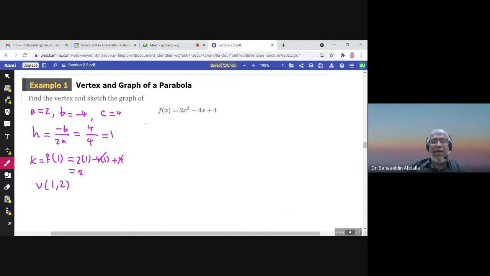And a is positive, 2 is greater than 0. So this parabola opens upwards. So to sketch the graph of this parabola, we plot the vertex (1, 2). This is the vertex, and then the parabola opens upwards. Well, we can find the y-intercept. What is the y-intercept?